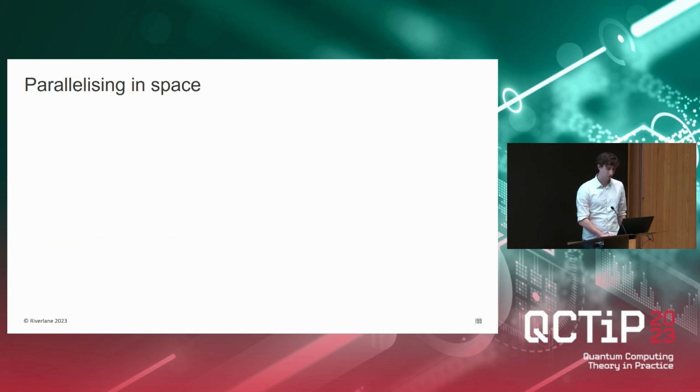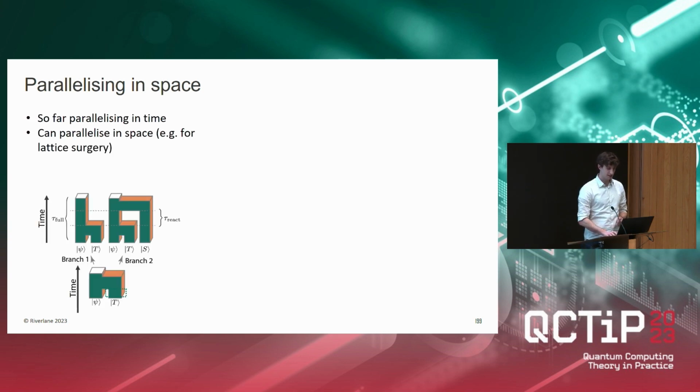So far, we've been discussing only how we can parallelize in time to solve the backlog problem, which we identified to be this big problem in fault-tolerant computation. But we can also parallelize in space.